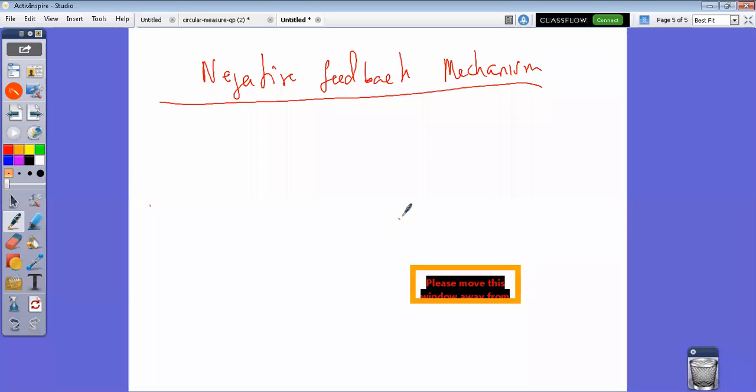So I'll just do a diagram here, which you can follow. In general, I'll explain it just now before we look at the next lesson. So conditions in the body change from set point.